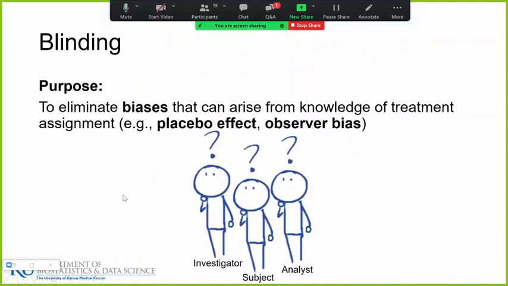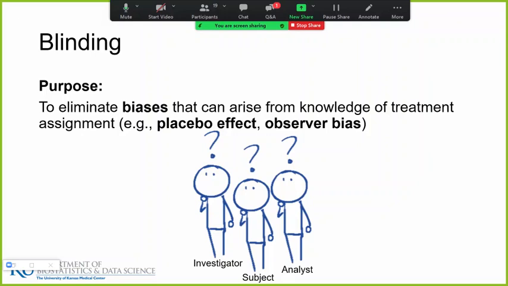And finally, blinding. The purpose of blinding is just to eliminate the impact of any biases that could arise from the knowledge of treatment assignment. Like if you're a participant on a study and you know you're randomized to a treatment and you're really excited about that, that might impact the way that you respond. If you know you're assigned to another treatment that you are unhappy with, then that, again, might negatively impact the way you respond.